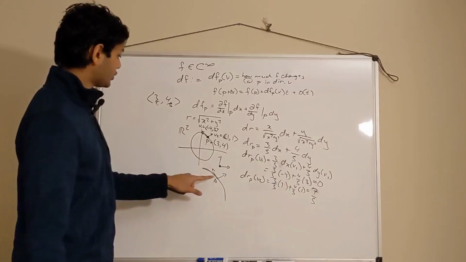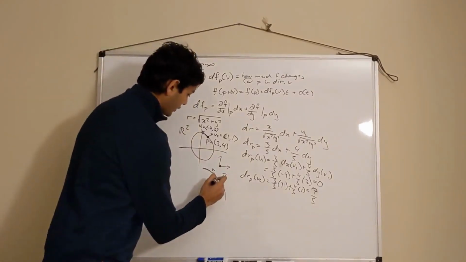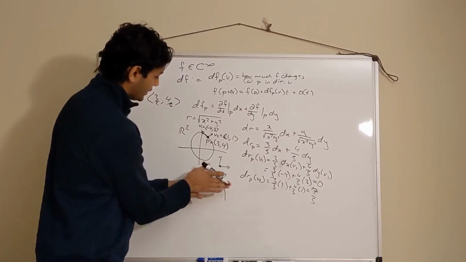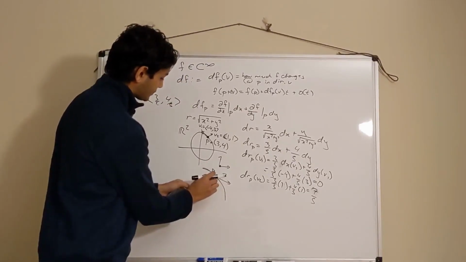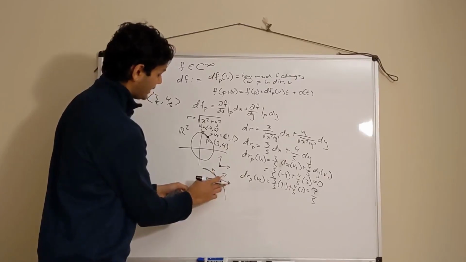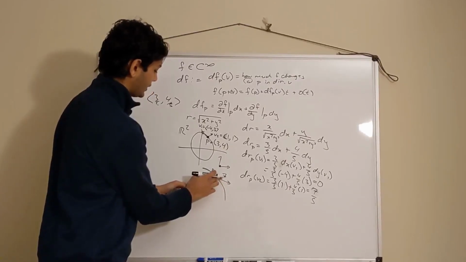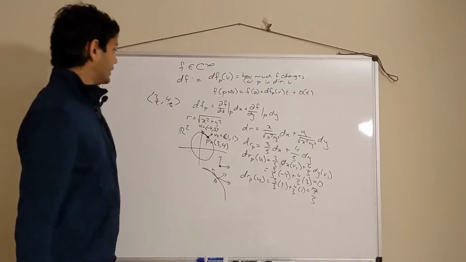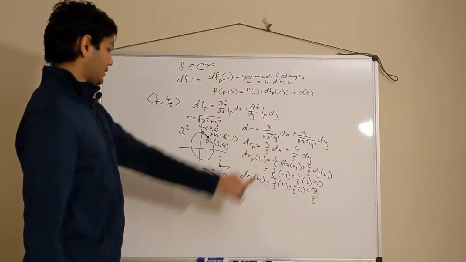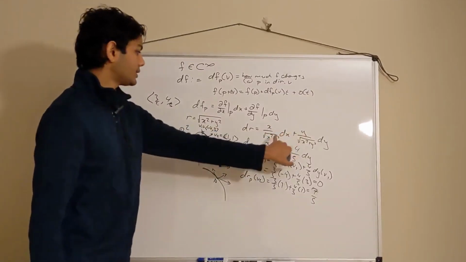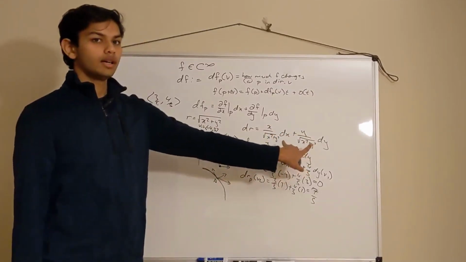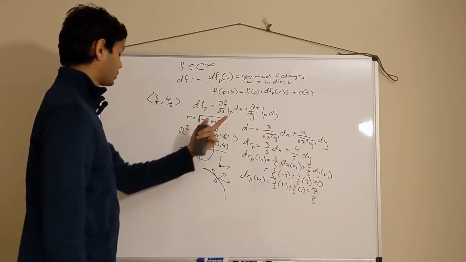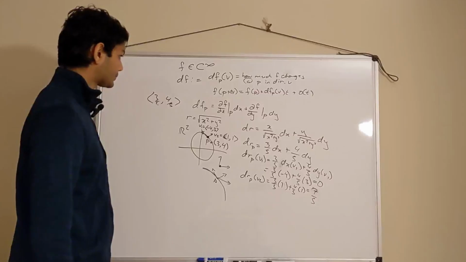And moreover, it changes in such a way that if you have some arbitrary vector v, then the amount that it changes if you move a little bit in the direction v is determined by taking the inner product of your vector v with the direction perpendicular to the circle. And you can check that this intuitive understanding agrees with the computation, because the coefficients here turn out to be the coefficients of the unit vector in the direction normal to the circle, as we expect.